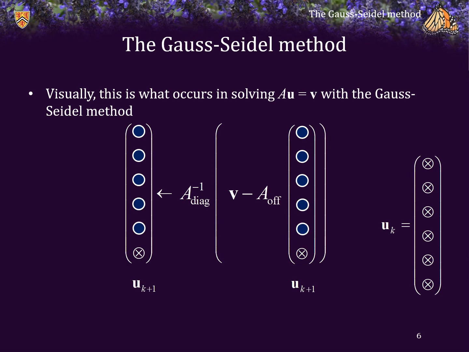At this point, when we're calculating the last entry, the first 5 entries have already been updated. So it's as if we're getting a further push towards the actual solution. And now we can compare whether or not U sub k plus 1 is sufficiently close to U sub k to see whether or not our iteration should be halted.